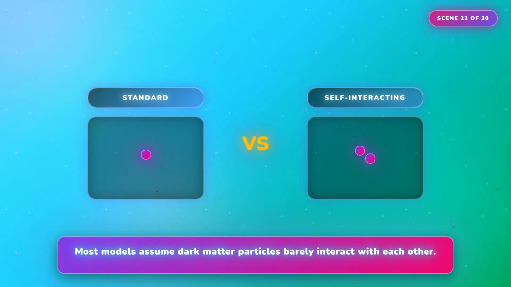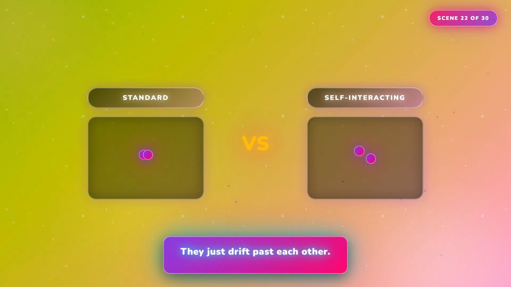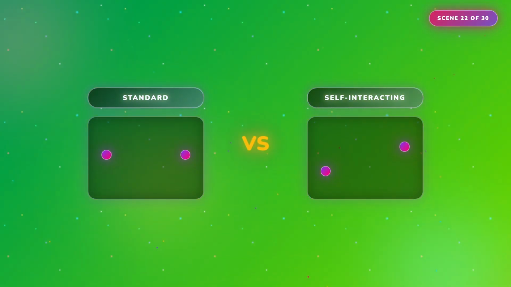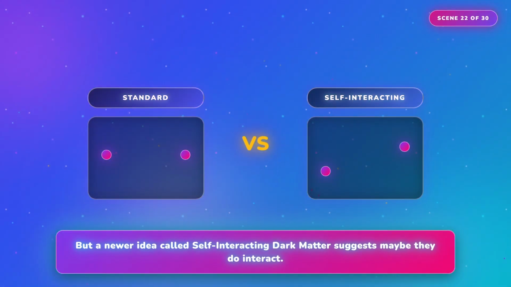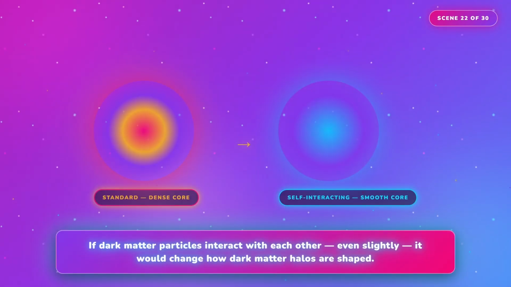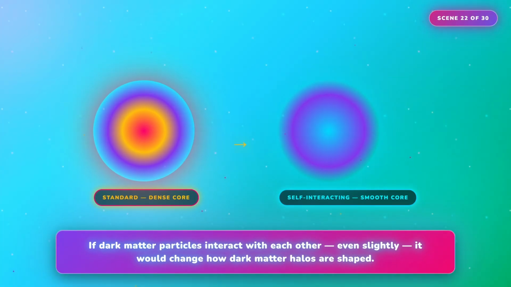Most models assume dark matter particles barely interact with each other. They just drift past each other. But a newer idea called self-interacting dark matter suggests maybe they do interact. If dark matter particles interact with each other, even slightly, it would change how dark matter halos are shaped.